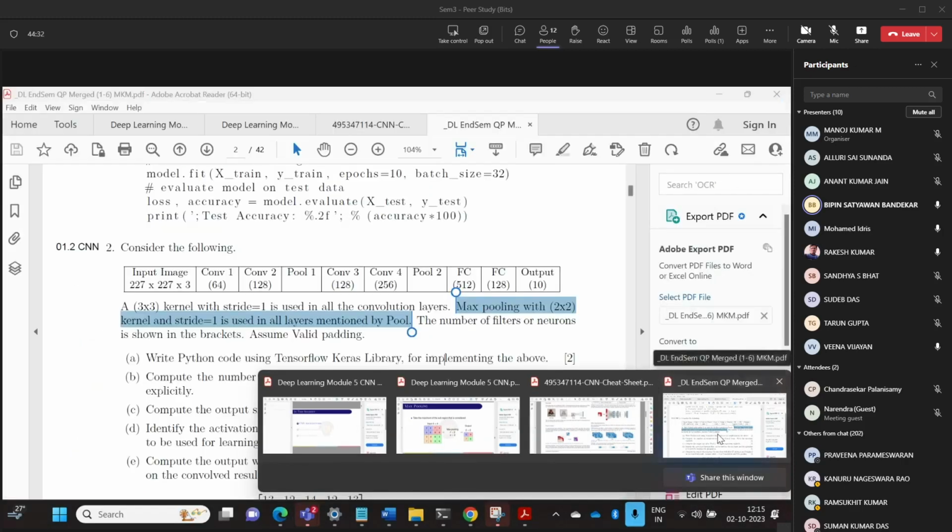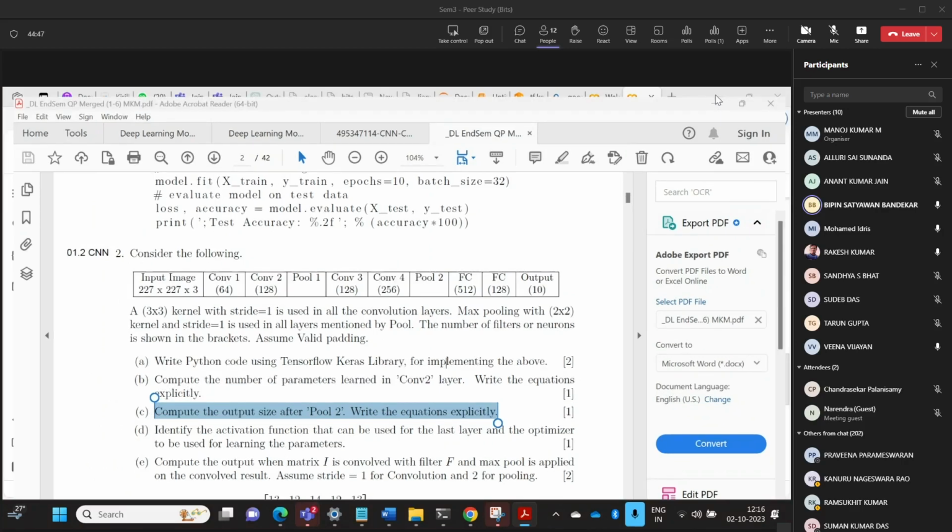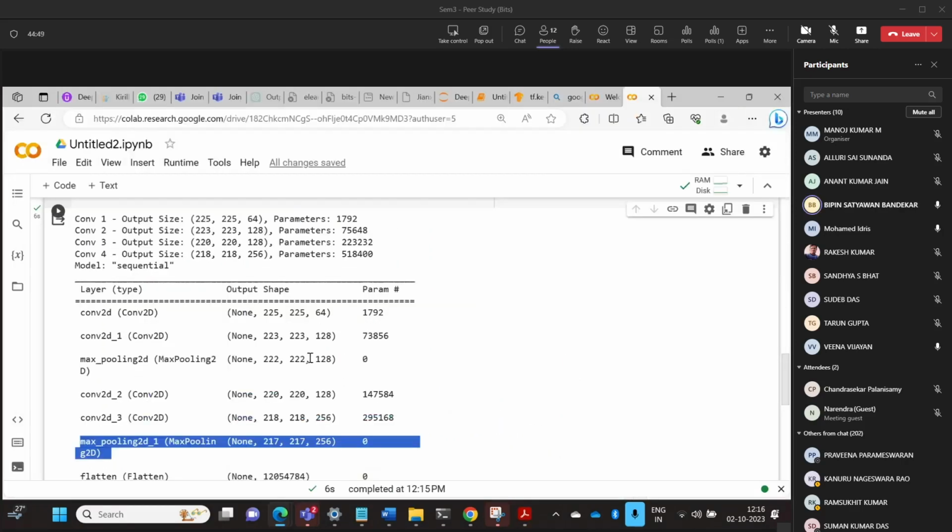In max pooling also there is a concept of padding. You see that 223 has been reduced to 222. So it's taking the actual size, no padding?